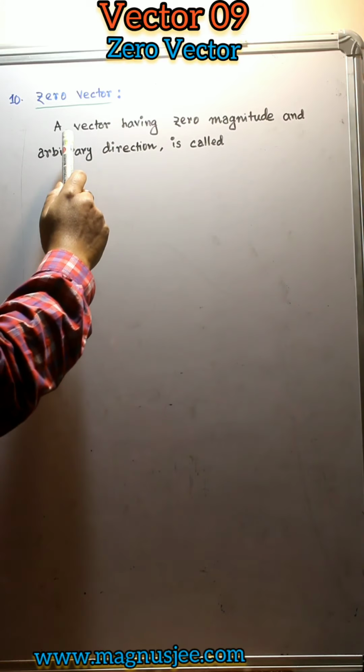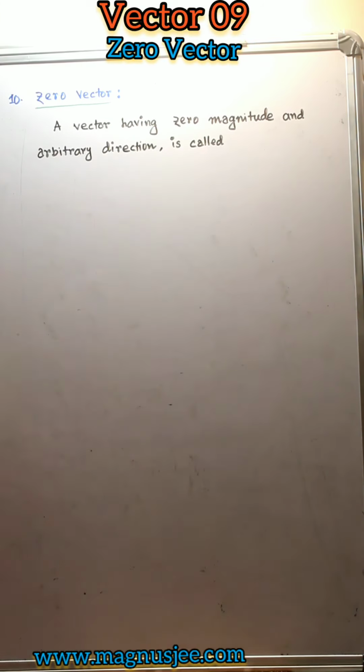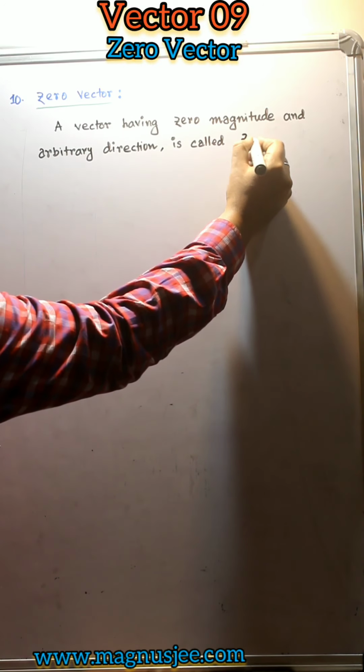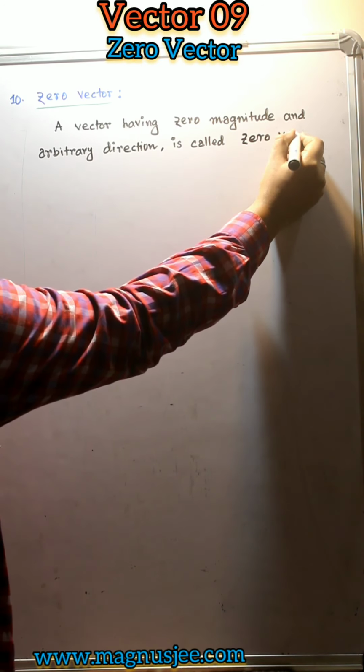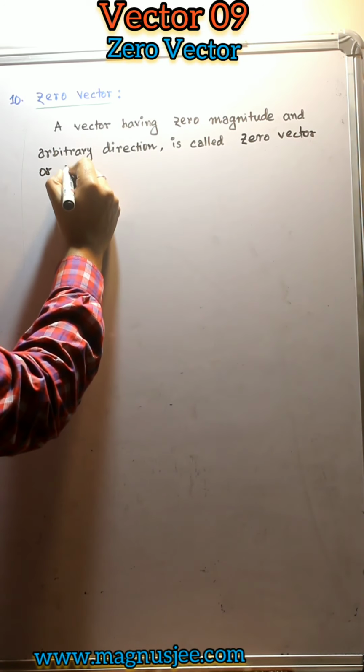Zero vector: a vector having zero magnitude and arbitrary direction is called zero vector, or null vector.